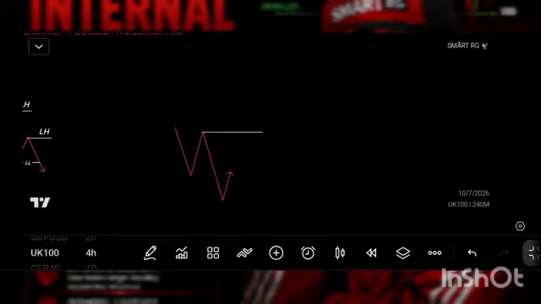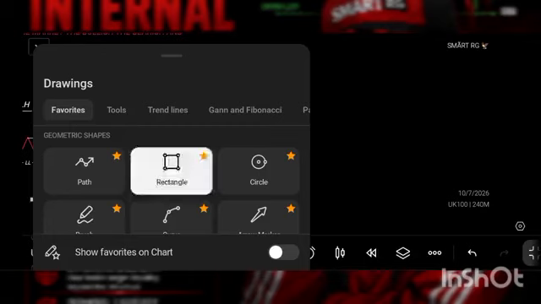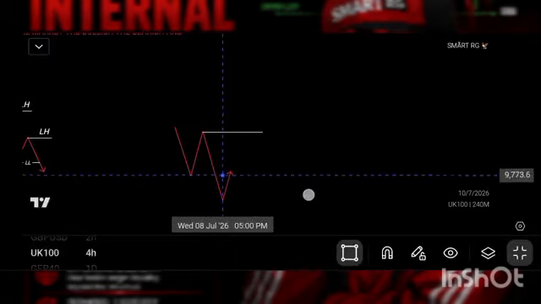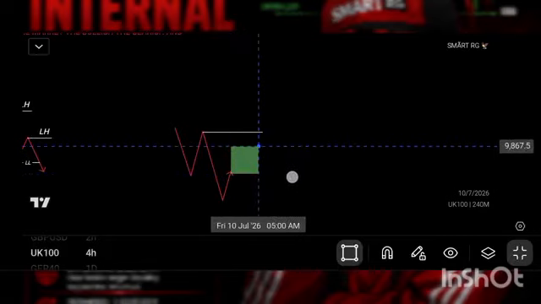Now remember, we said something concerning the structural point and the internal liquidity. Now this is the lower high that serves two purposes, right? Now let's say the market now moves from this particular point to this point.